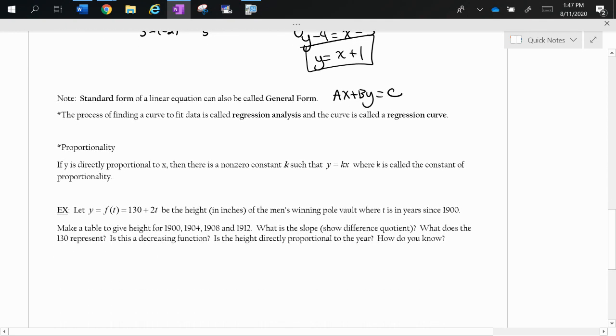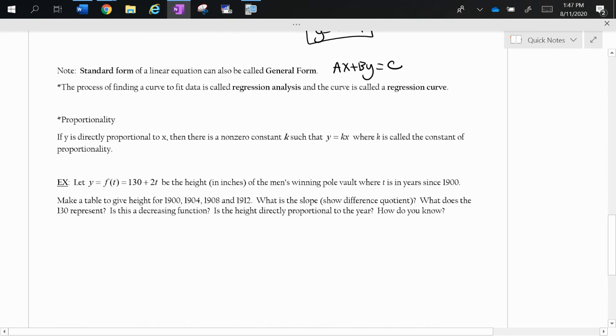But one important thing that we do need to know about is the whole idea of proportionality. If y is directly proportional to x, then there is a non-zero constant k such that y is equal to k times x, where k is called the constant of proportionality. So I want you to notice that it says if y is directly proportional to x, then y is equal to k times x. Now we recognize y is equal to k times x as what we call a direct variation equation.